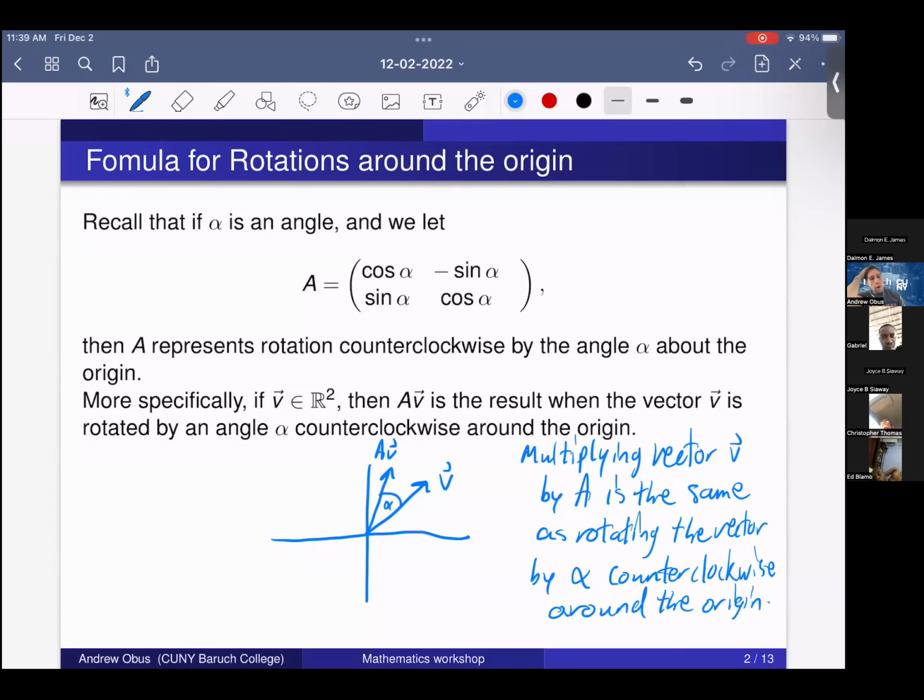This is what we showed last time. If you want to rotate 30 degrees, that's fine, you just plug in 30 degrees to this matrix. You want to rotate it 90 degrees, that's also fine, you just plug in 90 degrees to this matrix, and so on and so forth. So this is what we did last time.